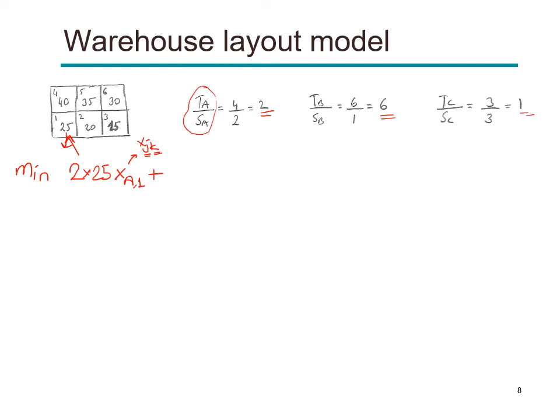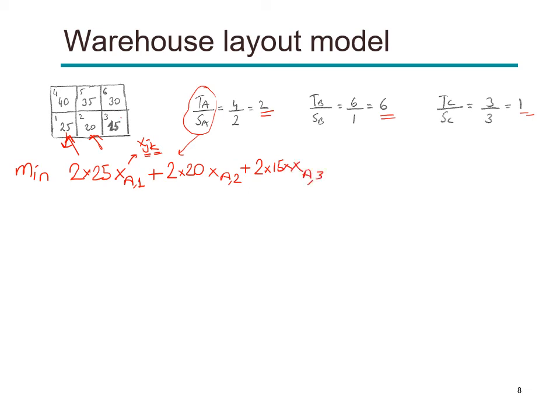Plus, again, we are continuing with the same product. That's why I'm using the same Ta over Sa: 2 times 20, this is the second storage bay over here, 2 times 20 times Xa2, plus 2 times 15 times Xa3.